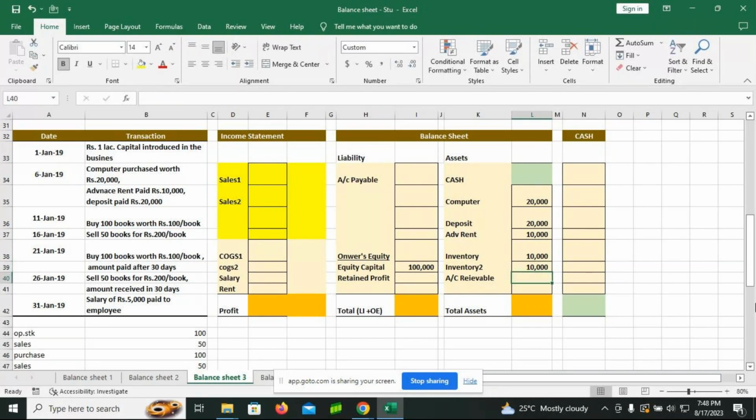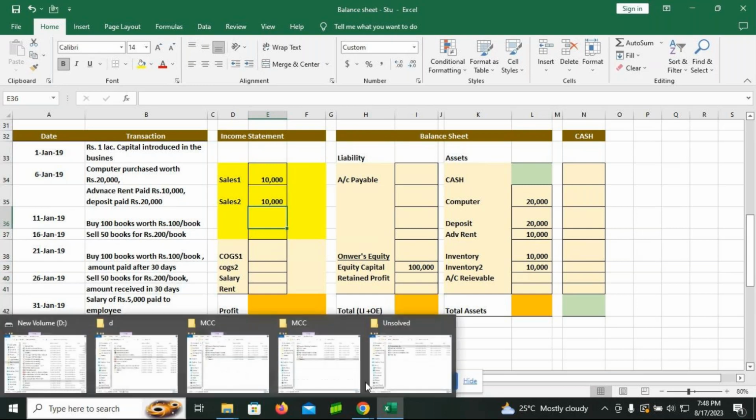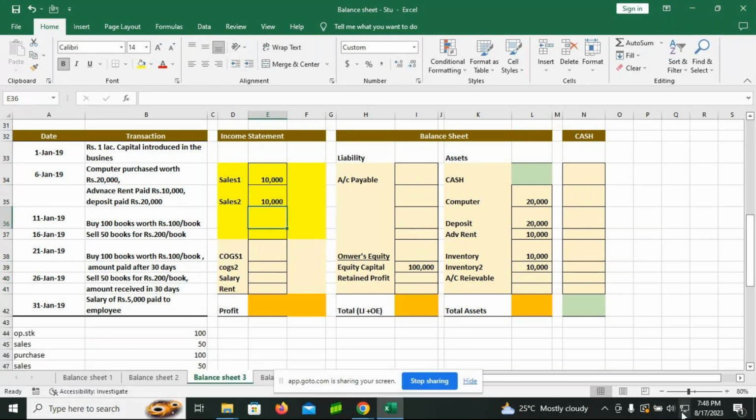So now account receivable. So receivable means the amount that I am supposed to receive. So I have made the sales also, so equals 50 into 200. So sales 2, that is also I have sold the books, 50 books at the rate of 200. So receivable. So first inventory, I have cleared the amount, everything. So here I need to show the inventory too.